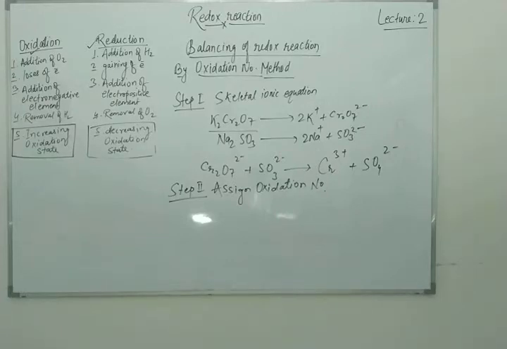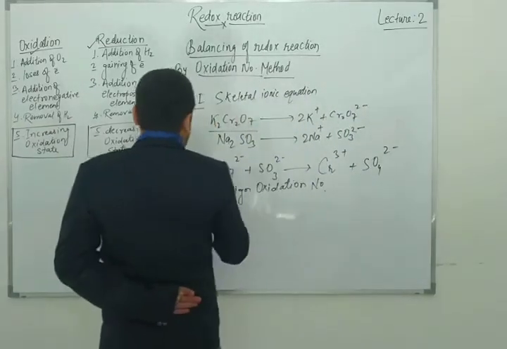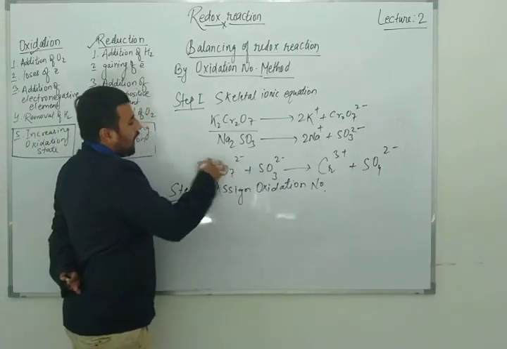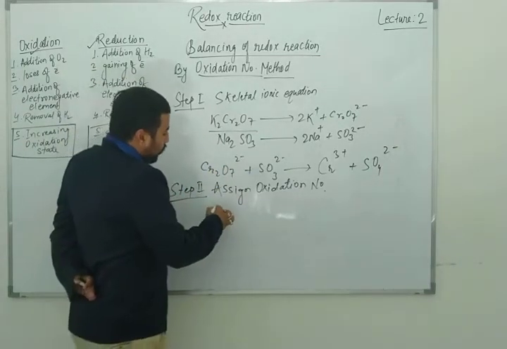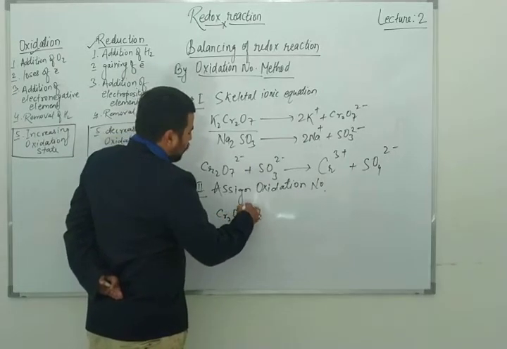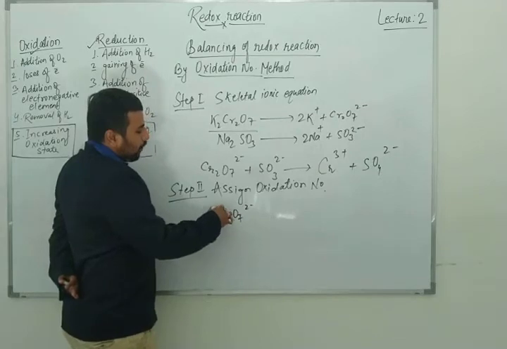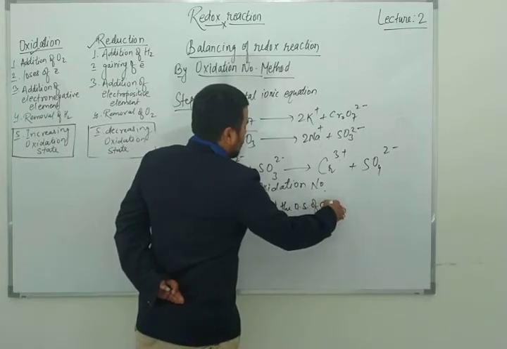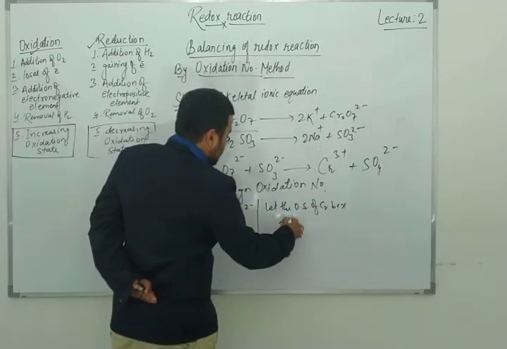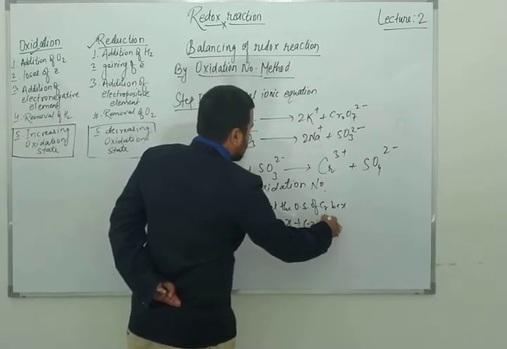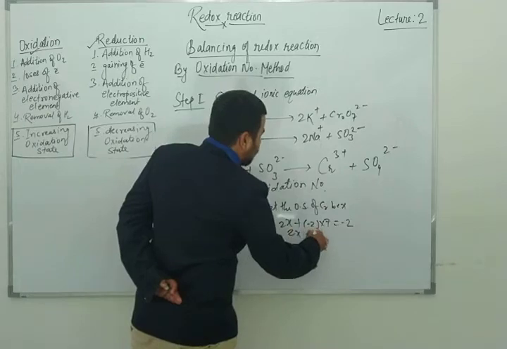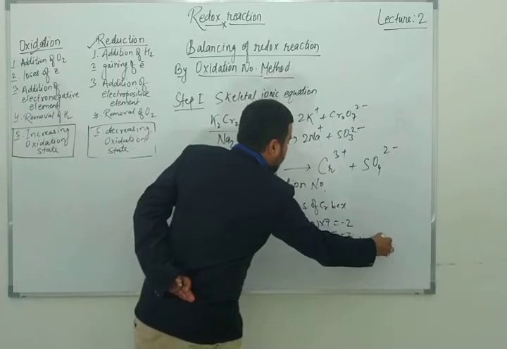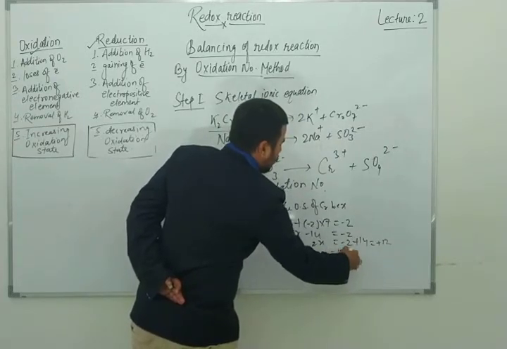So what will happen here? Let the oxidation state of chromium be x in Cr2O7 2-. So 2x plus oxygen, which is -2 into 7, is equal to -2. 2x minus 14 is equal to -2. 2x is equal to -2 plus 14, that is plus 12, and x is equal to 12 upon 2, that is 6.